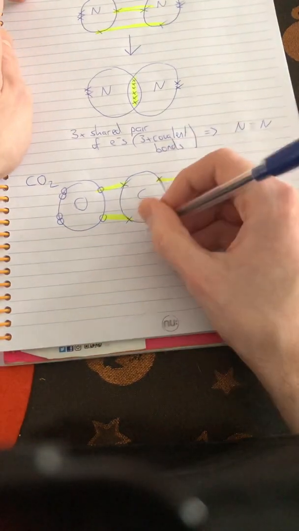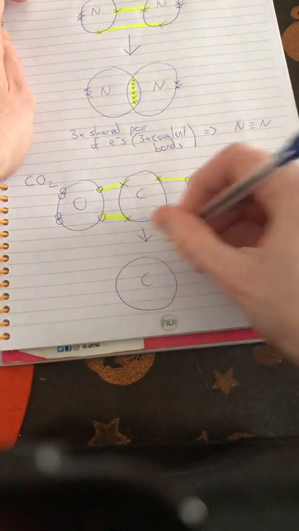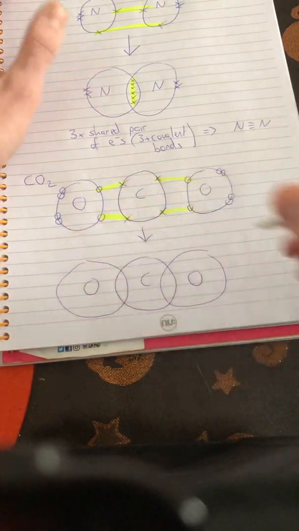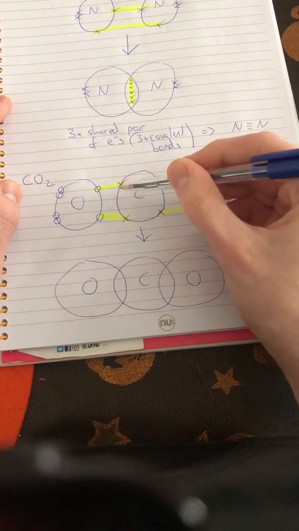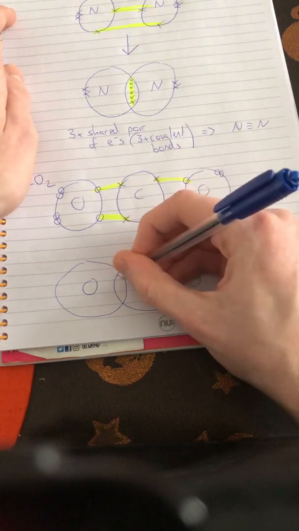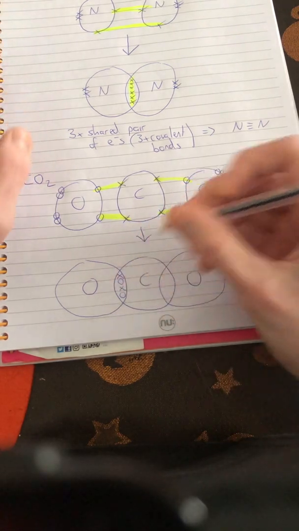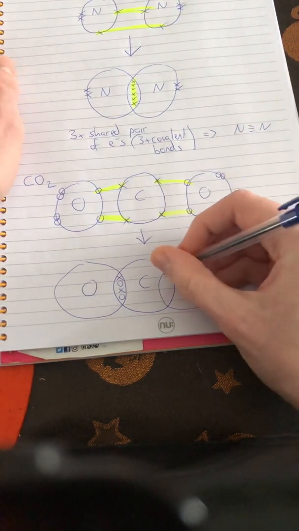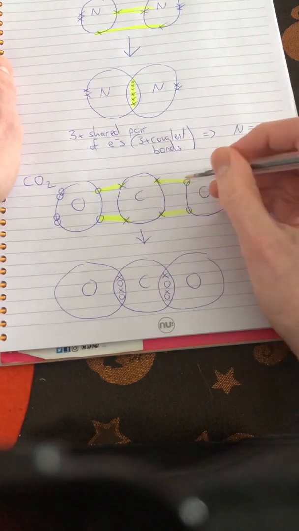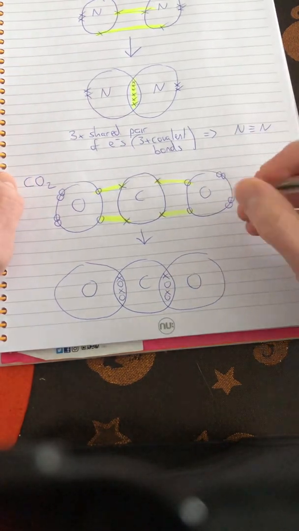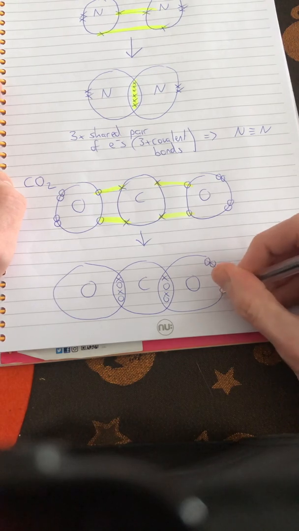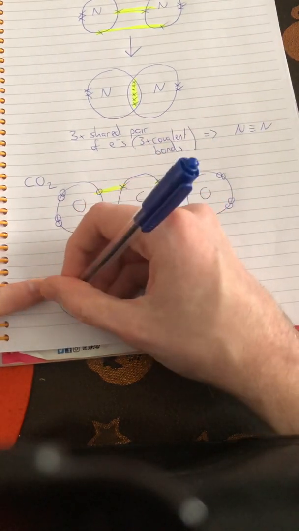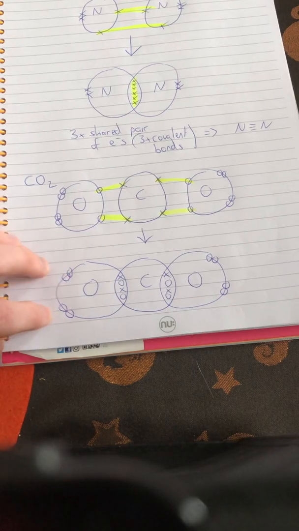So if we overlap this, on the left overlap we should have 1, 2, 3, 4 electrons, X, O, X, O. On the right overlap, we should have 1, 2, 3, 4 electrons, X, O, X, O. On the right hand side of the oxygen, we have 2 pairs of electrons, and on the left hand side of the oxygen we also have 2 pairs of electrons.